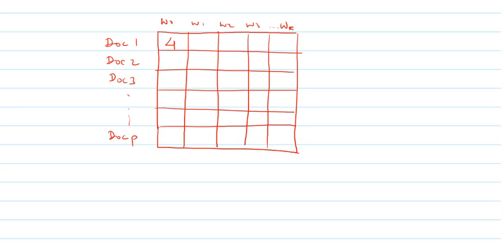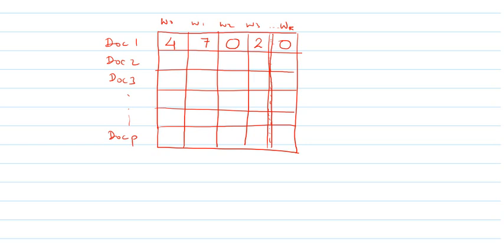Similarly, word 1 is present, suppose, 7 times in document 1, word 2 is not present in document 1, word 3 is present twice in document 1, and word k is not present in document 1, right? So in this way we can have the counts for all these documents, and then we can apply the Laplace smoothing and calculate the probabilities.